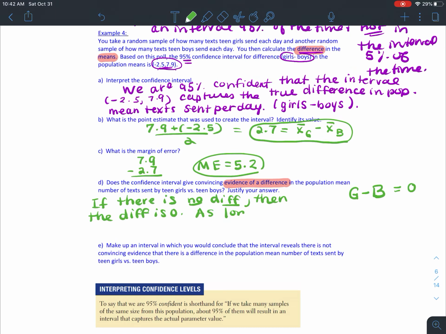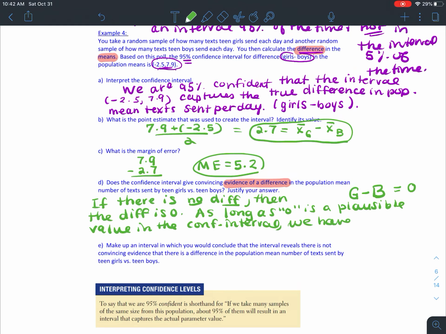So, as long as 0 is a plausible value in the confidence interval, then we have convincing evidence that there is no difference in mean texts.